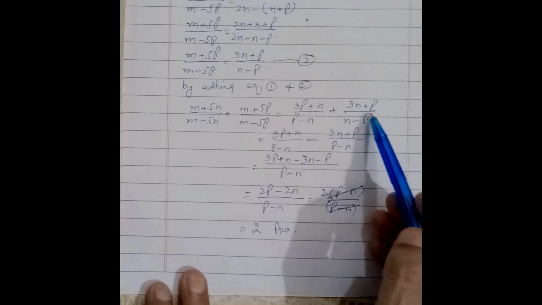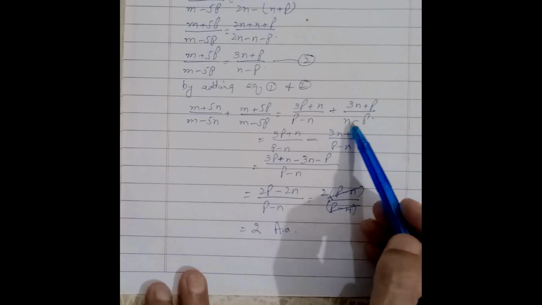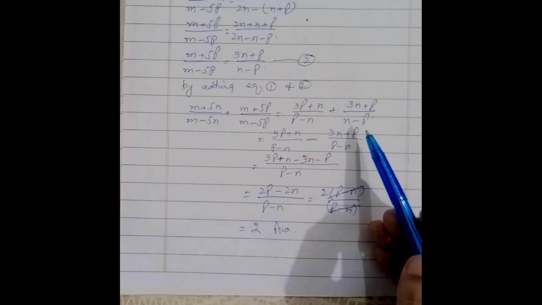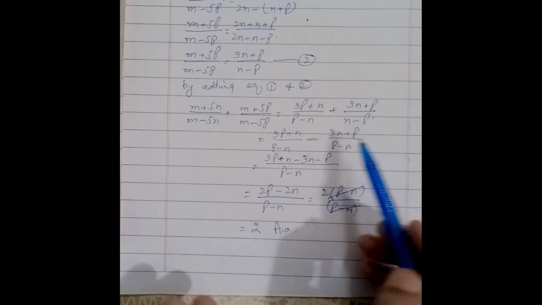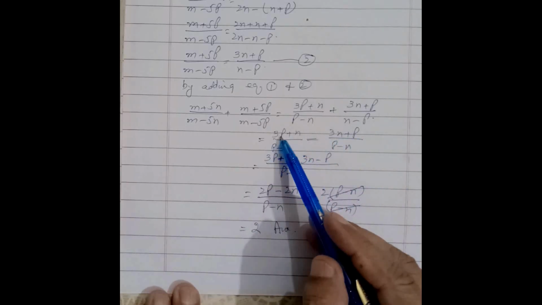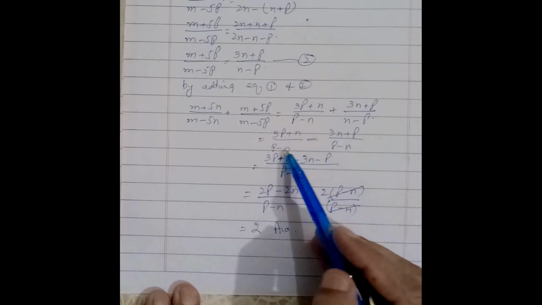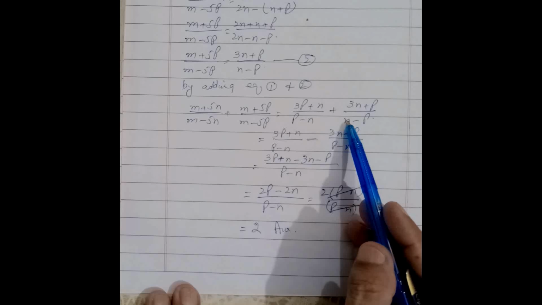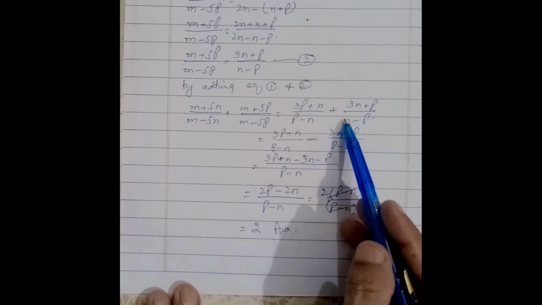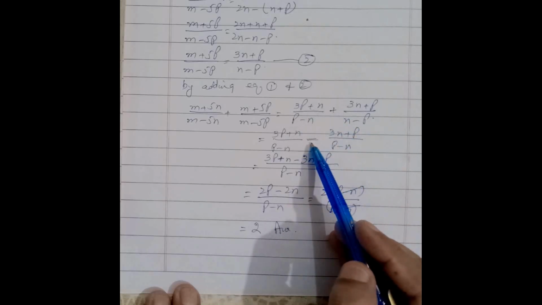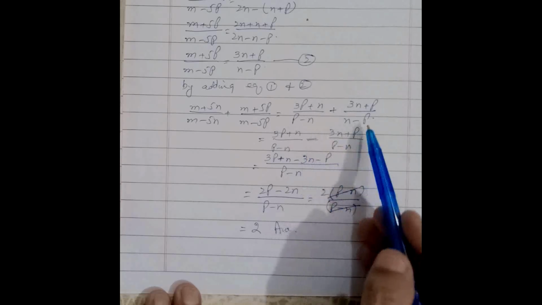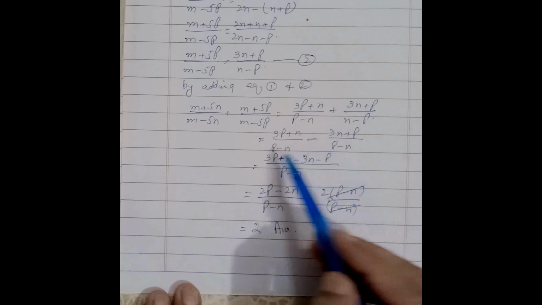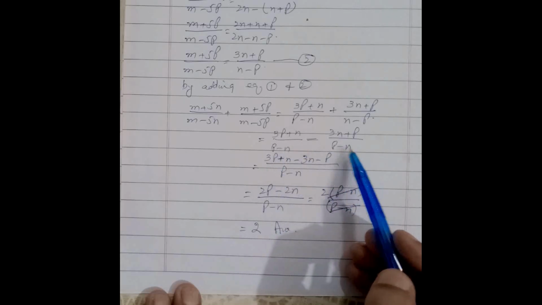In the second denominator, we change the sign. We take the common minus, which is (3p plus n) over (p minus n), and minus multiplied by this, p is plus and n is minus, and this is p minus n.